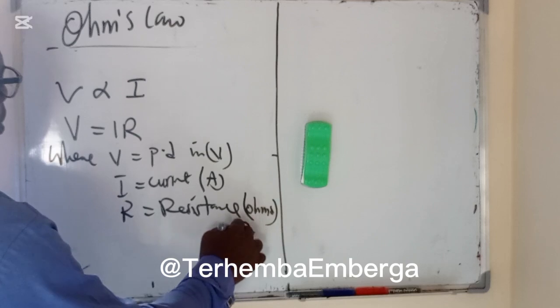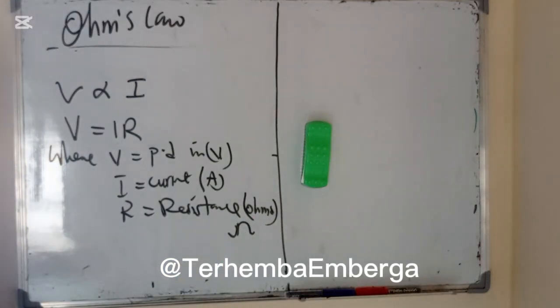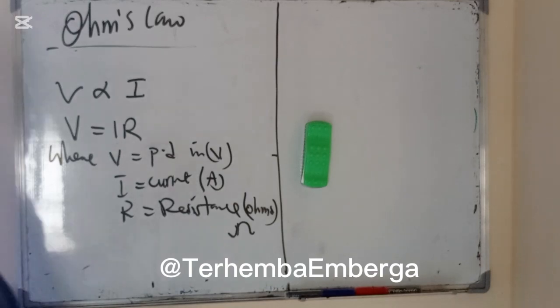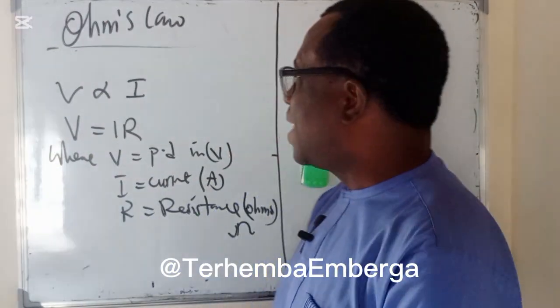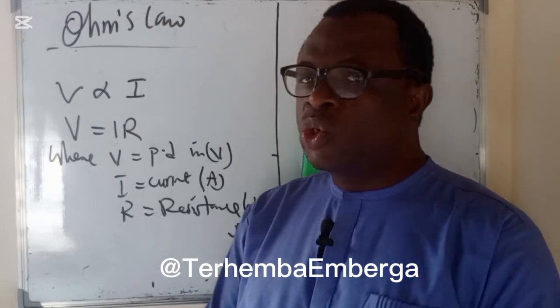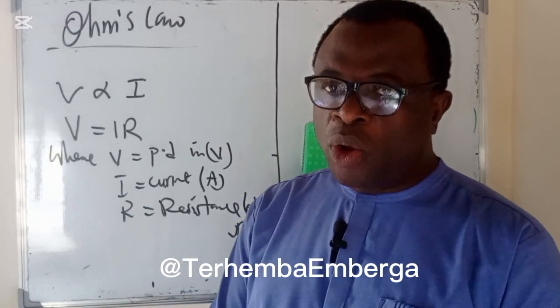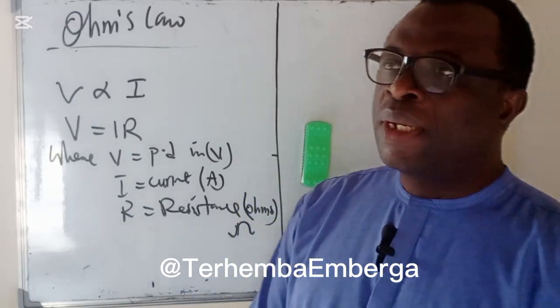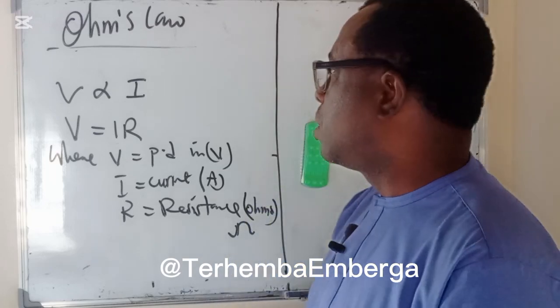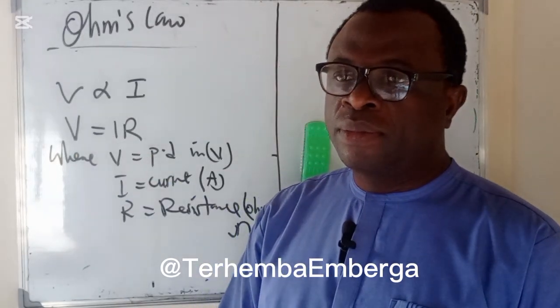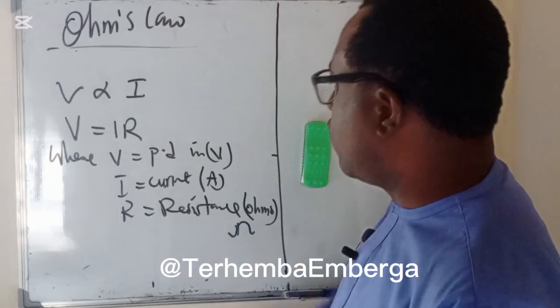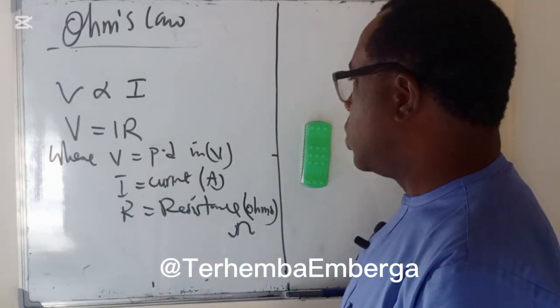And this is the symbol for ohms. So we can say that Ohm's law states that the current passing through a conductor directly depends on the potential difference. And this is a statement of Ohm's law.